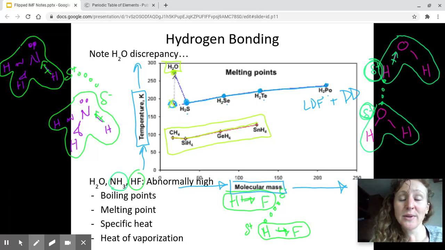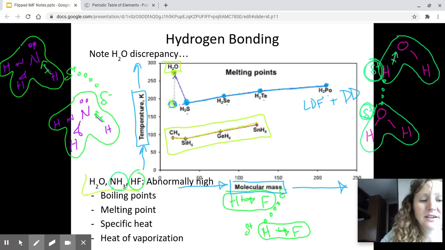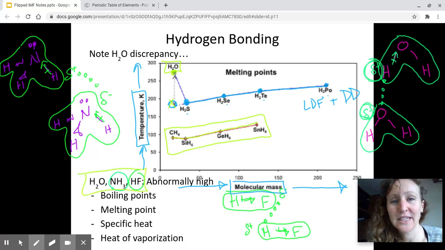Right? Carbon also is smaller. That diminishing size can attribute to some unusually strong intermolecular forces, but it's nowhere near the trend break that we see with this hydrogen bonding that's occurring.